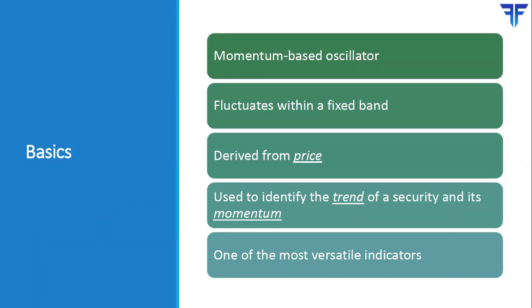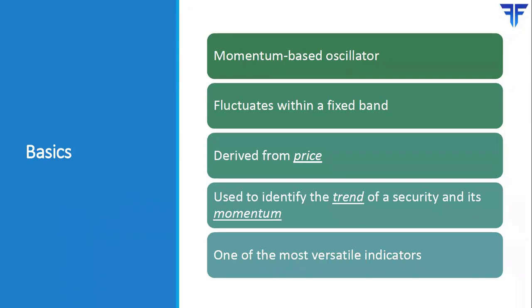Now, if you attended my previous webinar, which was on MACD, back then I said that MACD is an unbounded indicator. It can go to positive infinity and it can drop to negative infinity. On the other hand, unlike MACD, RSI is a bounded indicator. It fluctuates within a fixed band of 0 and 100. Neither can it go below 0, nor can it rise above 100.